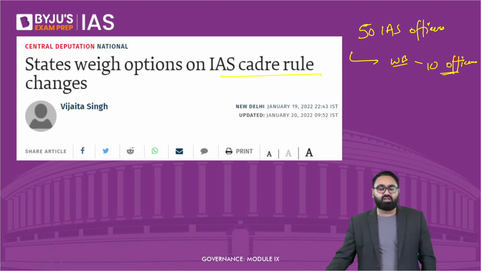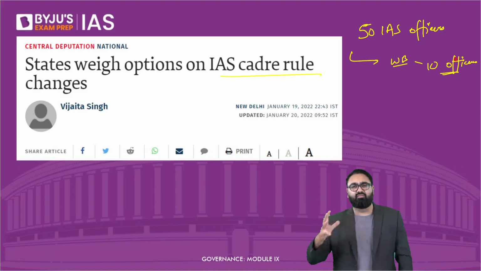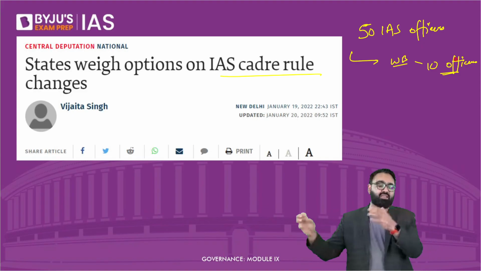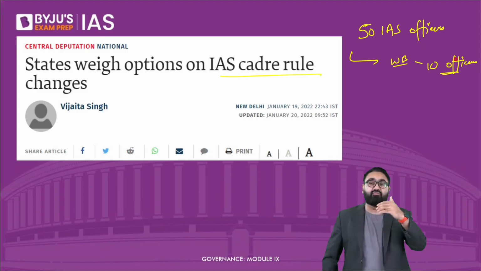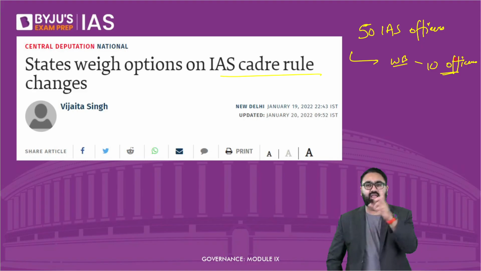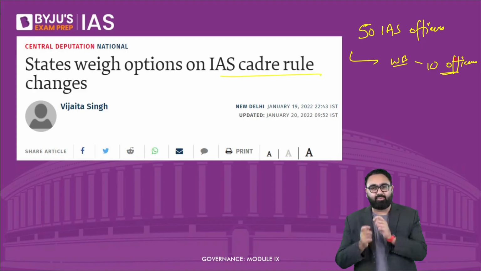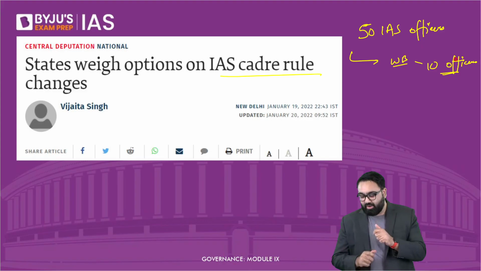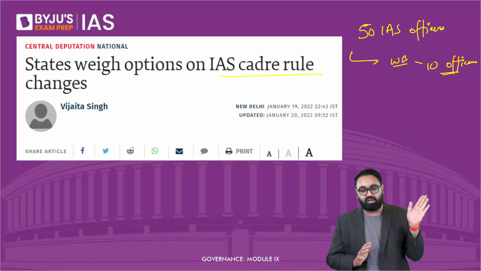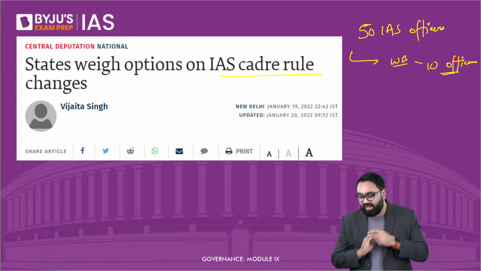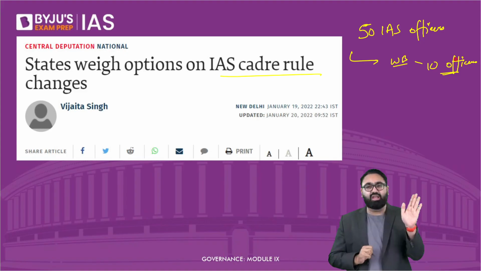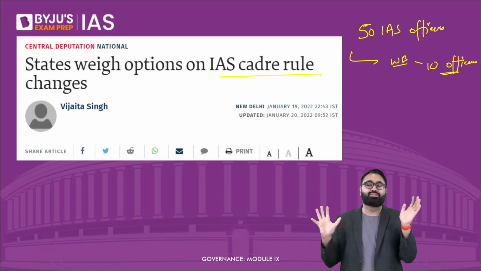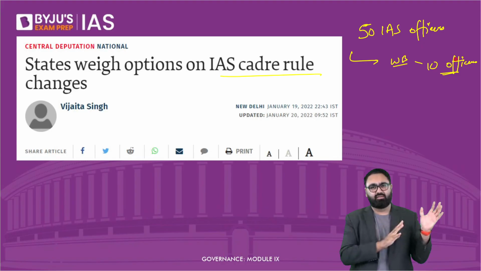The rule is first state government will think whether they have extra officers, can they send or not. Then the West Bengal government will ask their IAS officers on the WhatsApp group of all the IAS officers, which of you wants to go to central government. So those who raise their hand that I want to go to central government, usually they are sent, they are transferred.